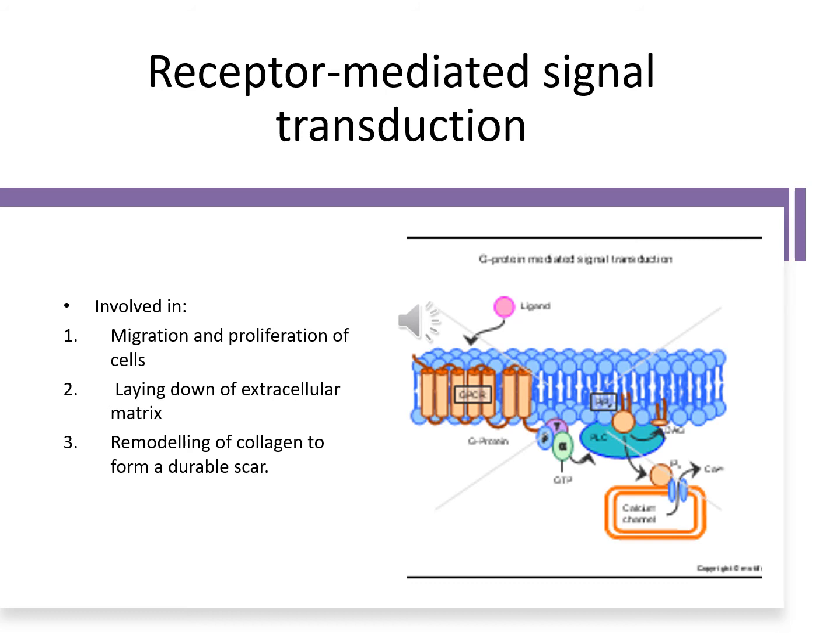So once that happens, it lays down this extracellular matrix and we get the remodeling of the collagen to form a durable scar. So you can see in the image, you don't need to know this detail, of course, if you're going on to study medicine or something like that after school, then yes, you will need to know how that's happening on a chemical level, but not at year 11 level.